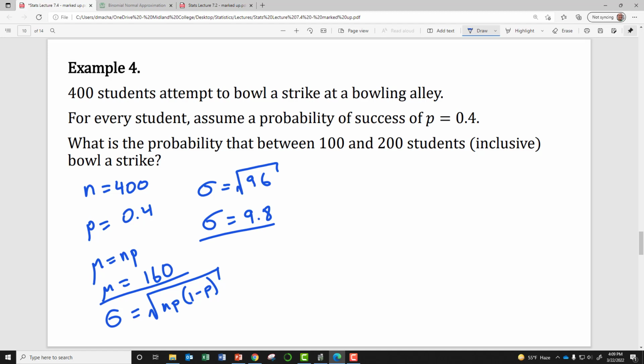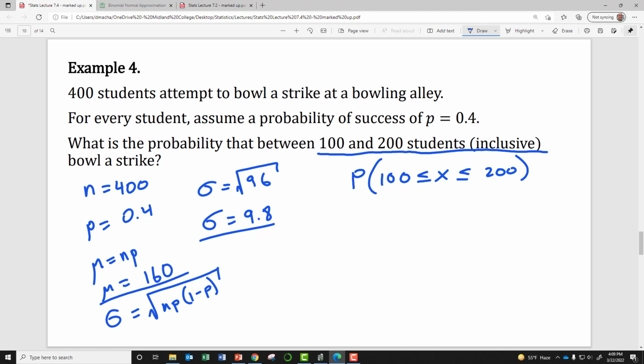I'm ready to make my normal approximation. But what this question is asking me when I say the probability that between 100 and 200 students inclusive, well, this is saying the probability that my random variable has a value between 100 and 200. But when I say inclusive, I'm including 100 and 200 as part of the winning combination.